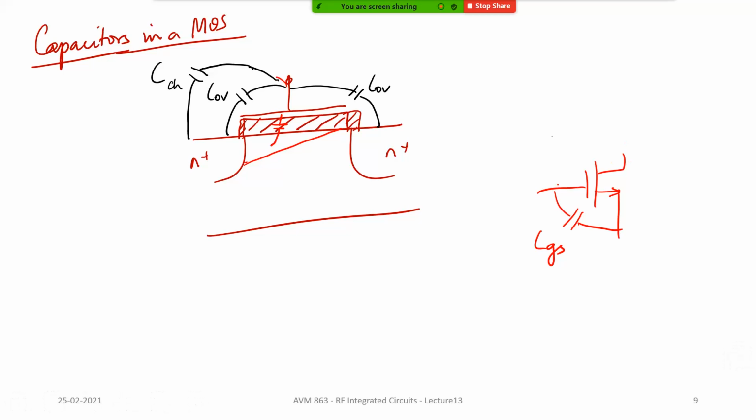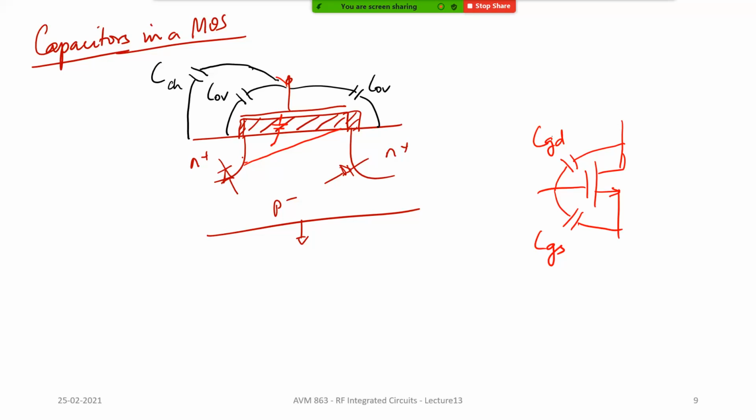Okay. Now you also have this overlap capacitance between gate and drain, CGD, right? Now, what else do you have? You basically have two diodes here, right? I think I have explained this before. This is P minus, which is grounded, N plus, which are at different potentials.